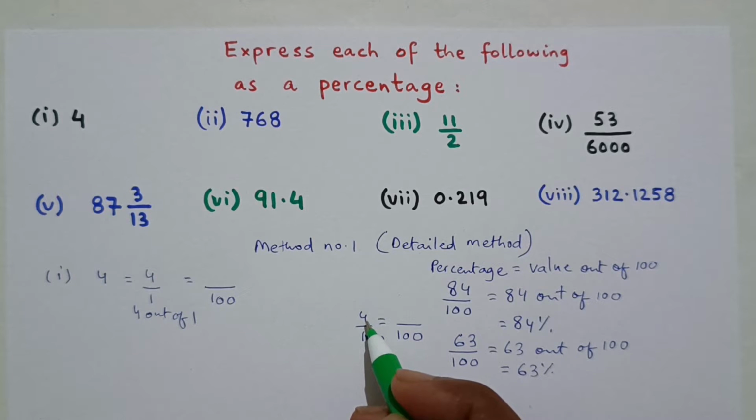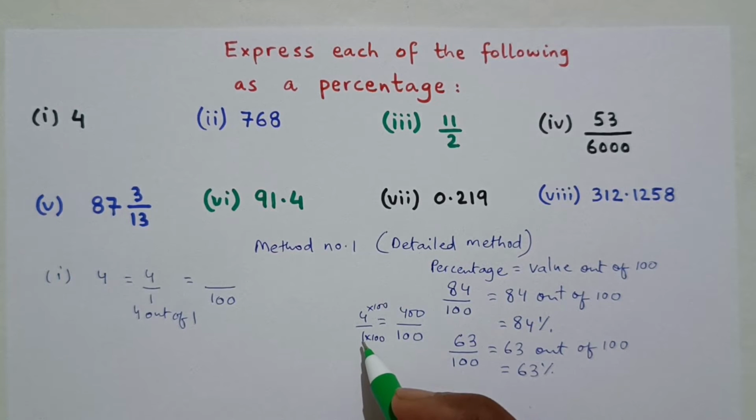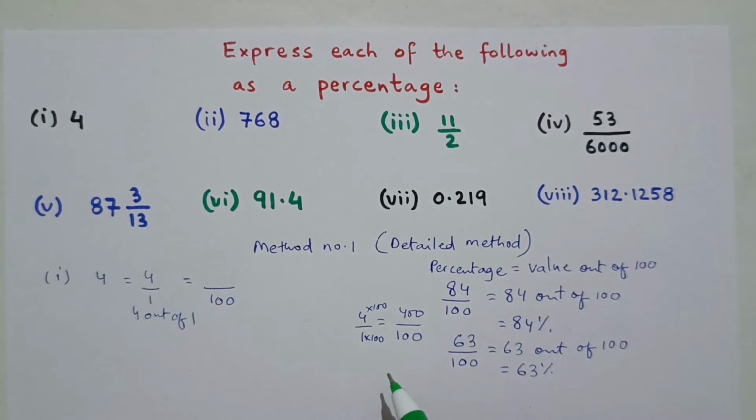So I will multiply the numerator 4 also with 100, because I have multiplied the denominator 1 with 100. 4 into 100 is 400. So 4 by 1 is equal to 400 upon 100.